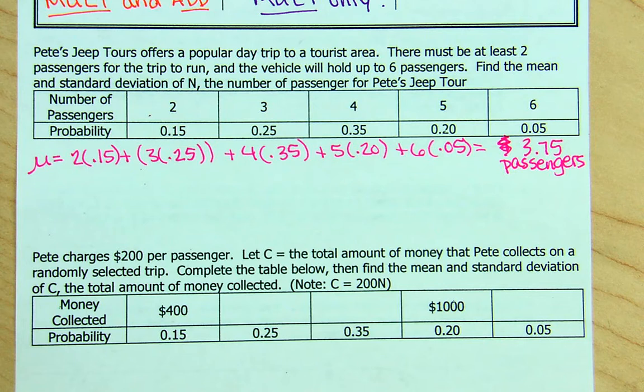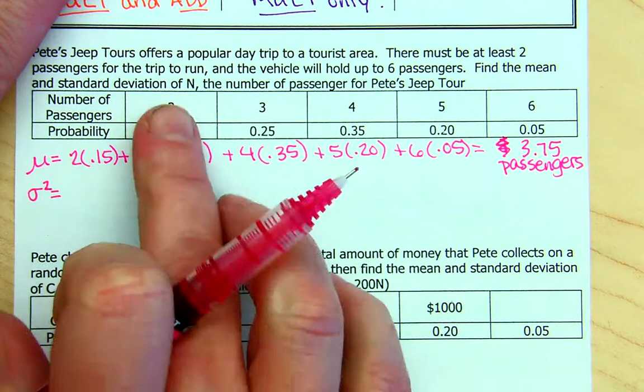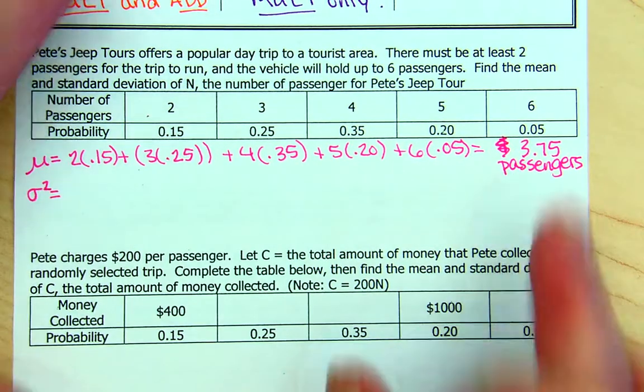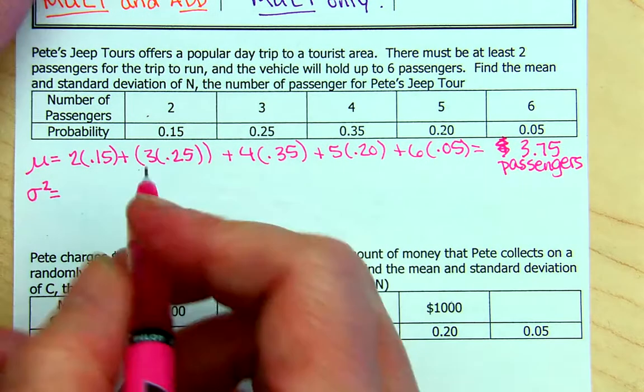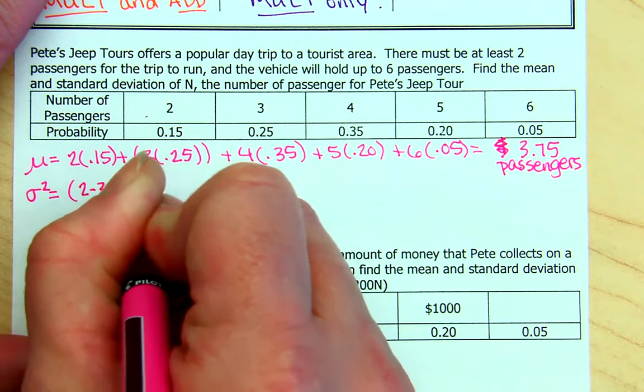So to get standard deviation, we need to find the variance, and then we'll take the square root. So for variance, we just take each of these values and subtract the mean, square the difference, multiply by the probability. 2 minus 3.75 squared.